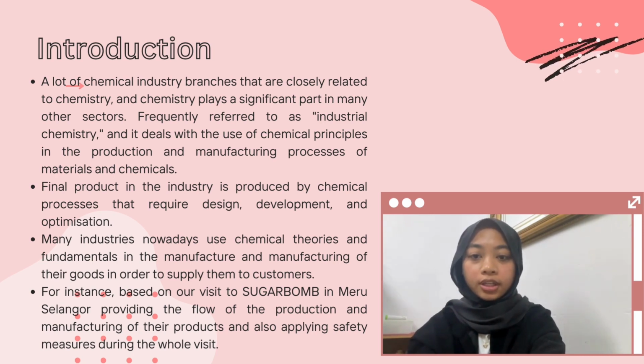The final product in the industry is produced by chemical processes that require design, development, and optimization. Many industries nowadays, like those in the modern world, use chemical theories and fundamentals in the manufacturing and production of their goods in order to supply them to customers and consumers.